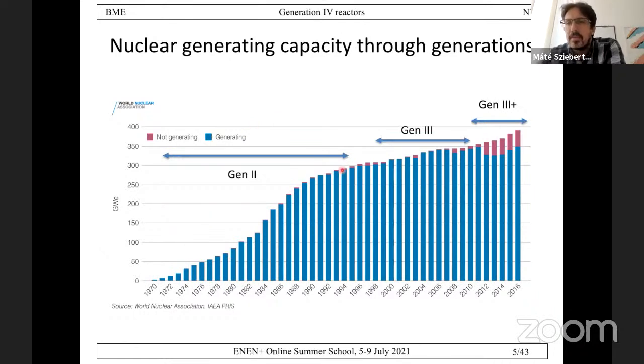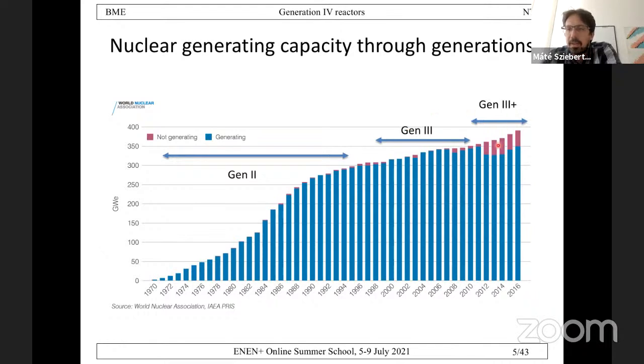And then things slowed down for various reasons, and Generation 3 tried to provide a reply to that. But obviously it has still not brought some nuclear renaissance.